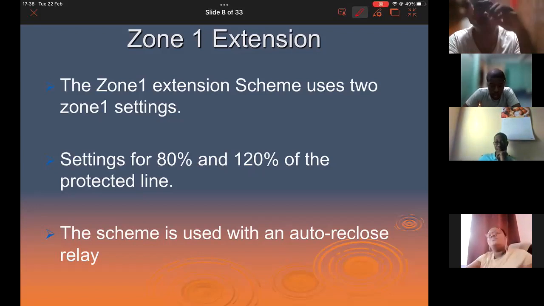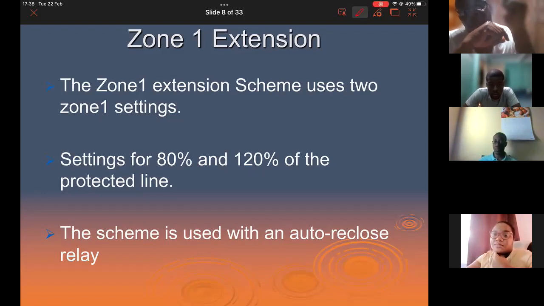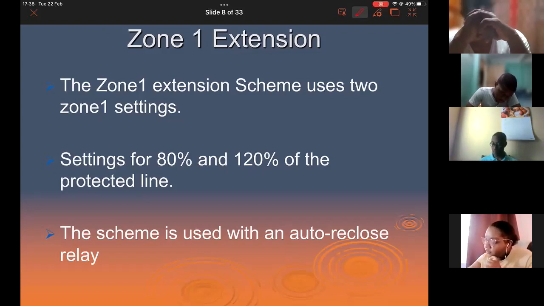And the zone 1 extension scheme considers that possibility. So the extension scheme is not, and I repeat, it is not, considered to be a standard system, but it is used when you have challenges in terms of your communication channel.